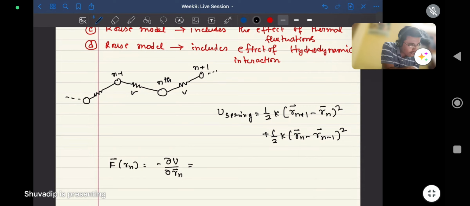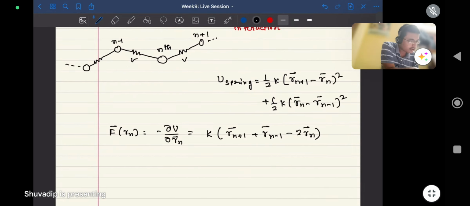Now if you do this from the first one, because there is a minus sign, it will be plus k of R plus term, and in the next one it will be minus. So from both these squared terms, there will be minus 2 Rn, and there will be the terms Rn plus 1, Rn minus 1, minus 2 Rn. So this is the force acting on the nth bead.